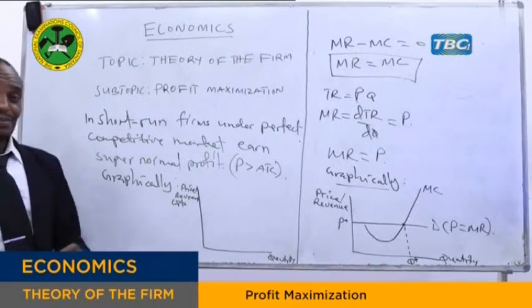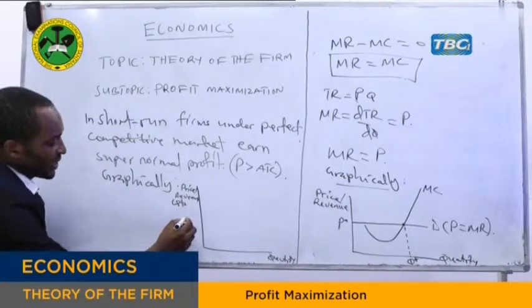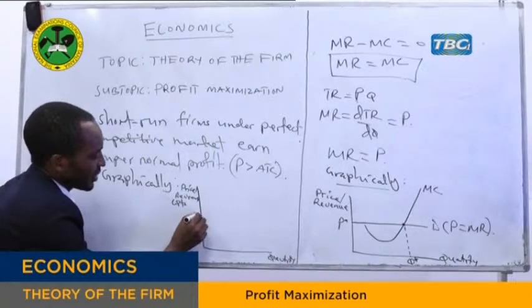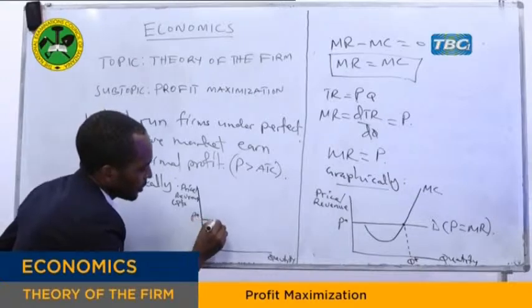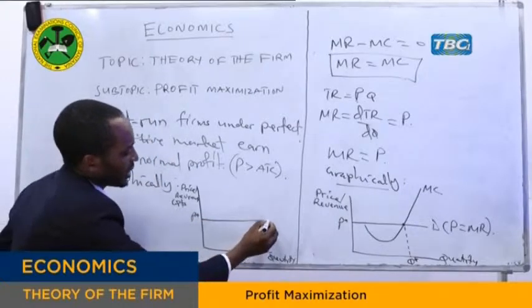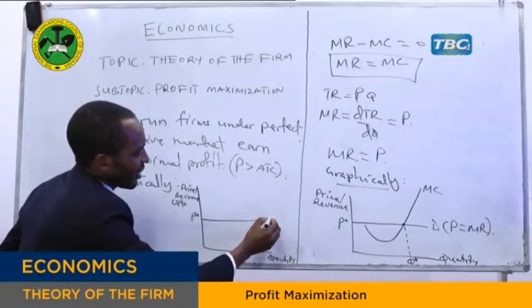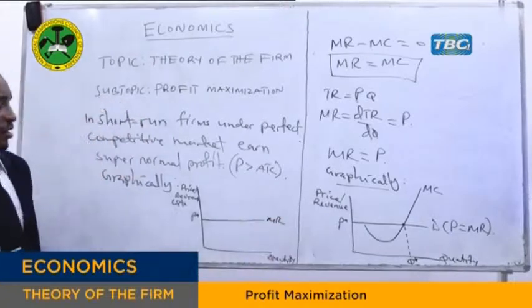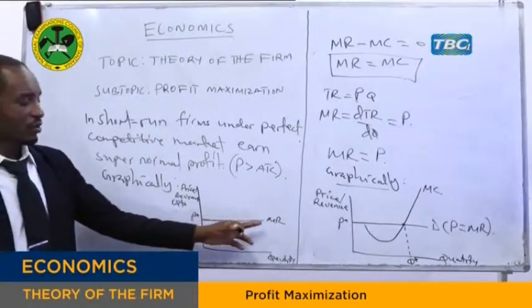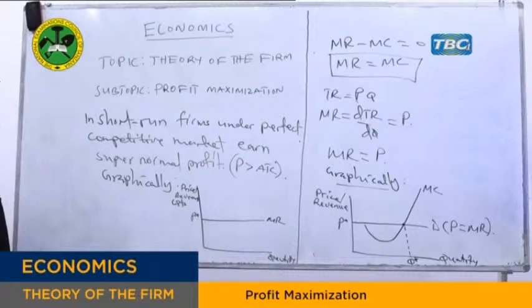Now, as we said, the price is constant, so let's say our price is at P star, which is constant, and the demand curve is horizontal. So this will be the demand curve, which is equal to marginal revenue. So the price will be equal to marginal revenue.